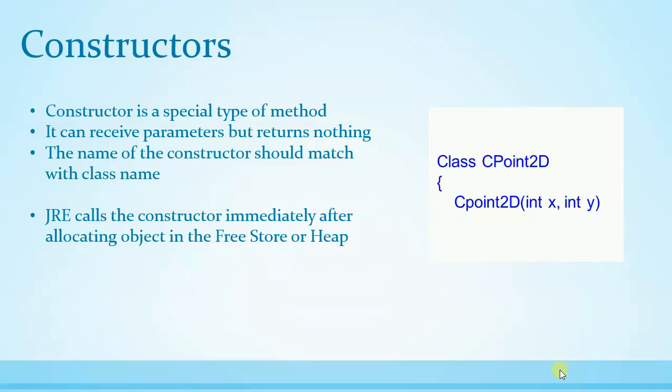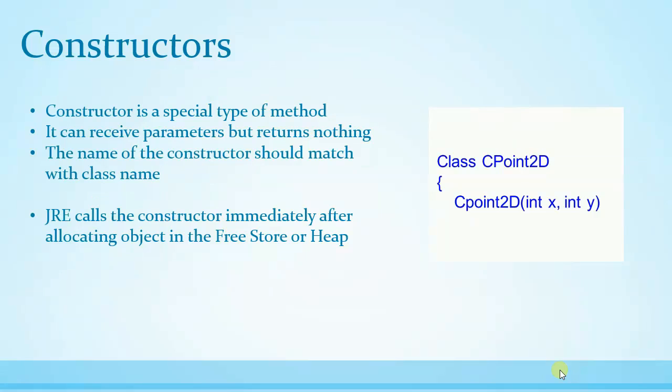So the Java runtime environment, whenever we are creating an object in the heap, first allocates memory in the heap. After allocating the memory, it immediately calls the constructor.